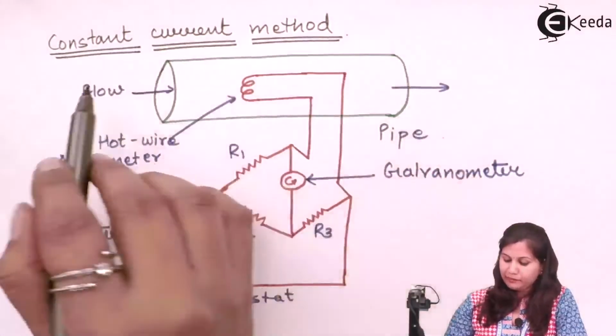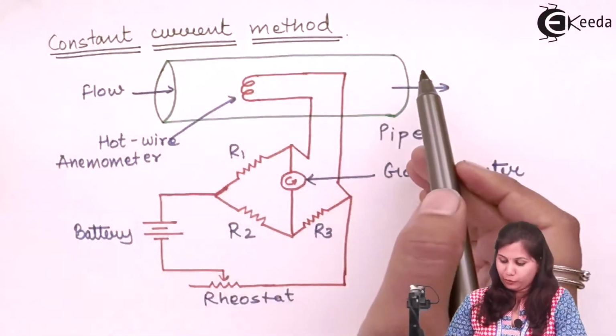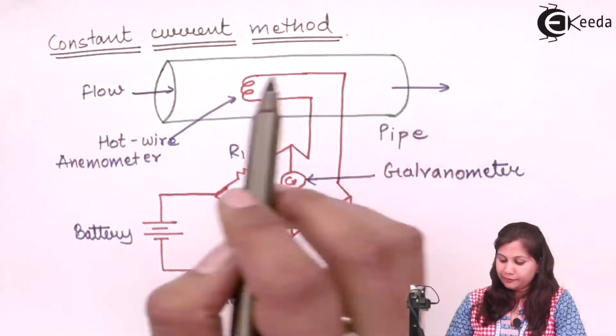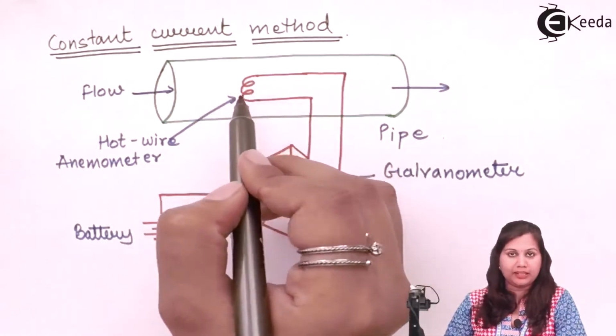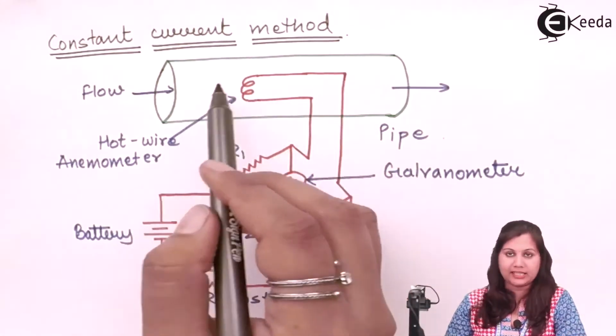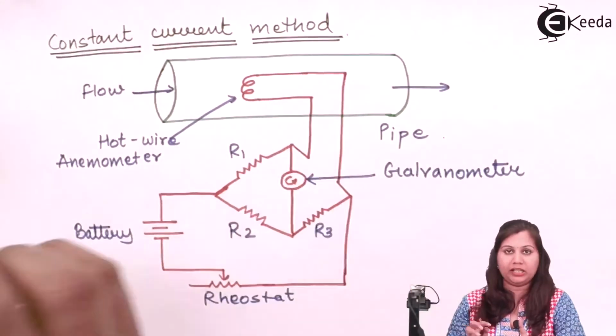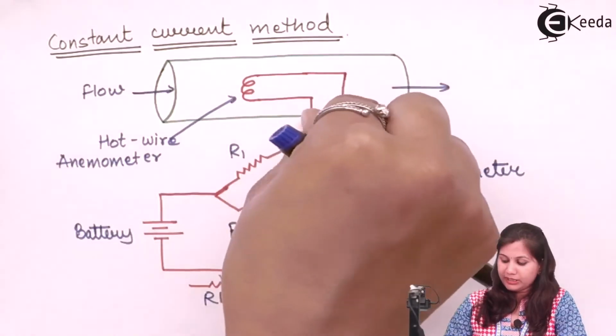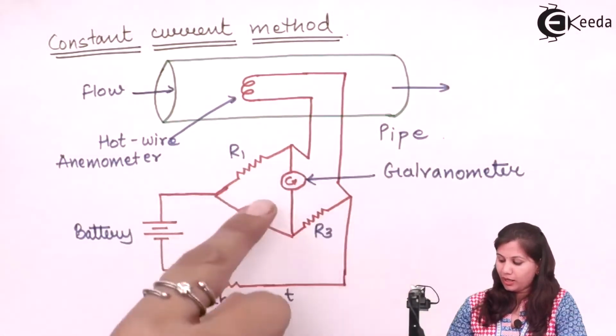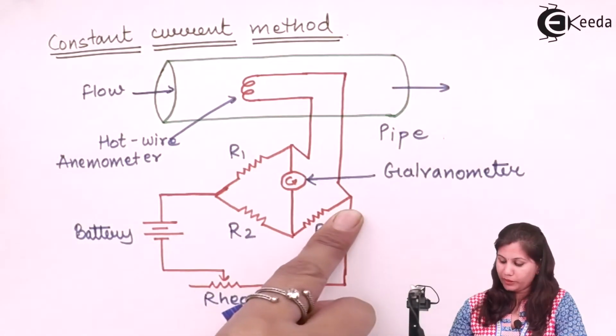This is the pipe in which the fluid or the gas is flowing, and in this pipe the wire is being kept here. Or we can say that this is the hot wire anemometer, the conducting wires of it. Now with the help of leads, it is connected in one arm of the Wheatstone bridge.